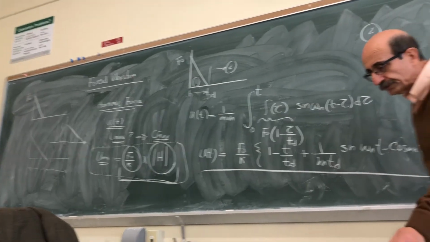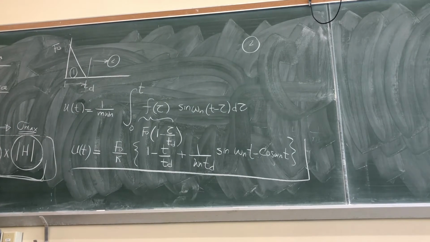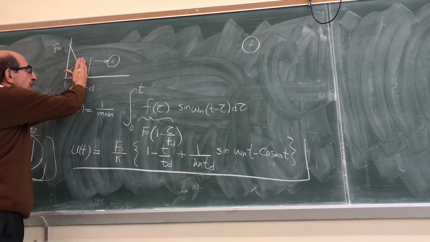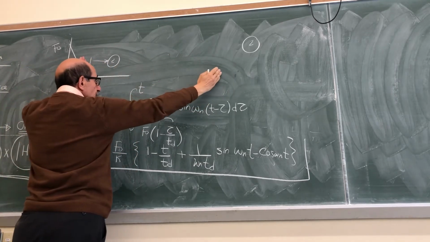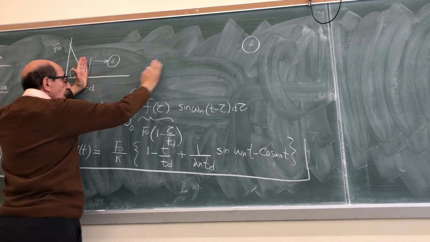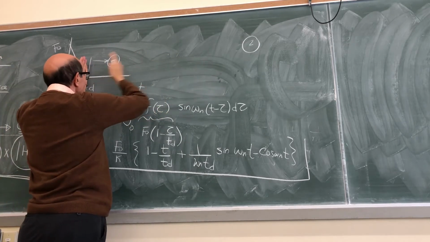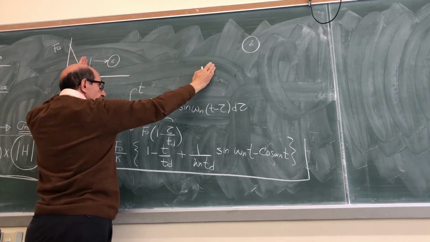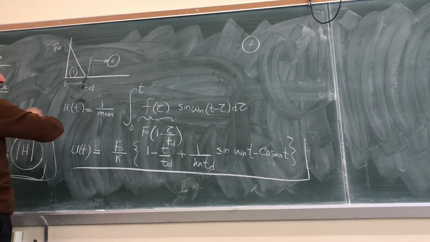For the second portion, you can look at it in two different ways. One is that obviously, as you can see from here on, you have no force acting on the system, and the system is undamped. So you have a free vibration of an undamped system that is induced by some initial conditions.